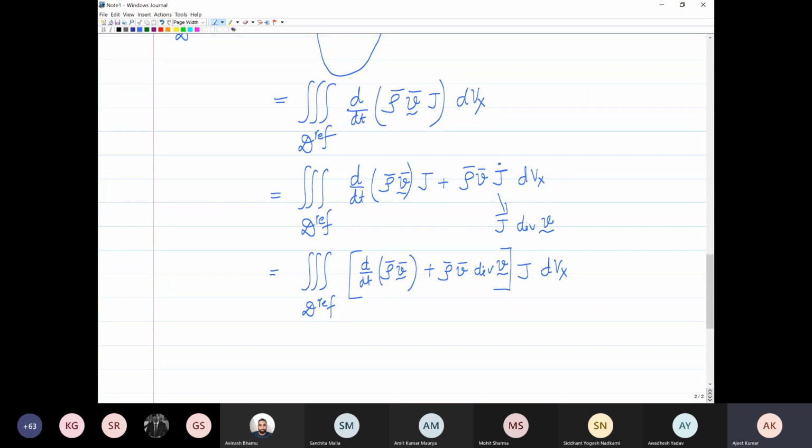Now you see that j dVx is equivalent to dVy, and this allows you to convert back to the current domain.